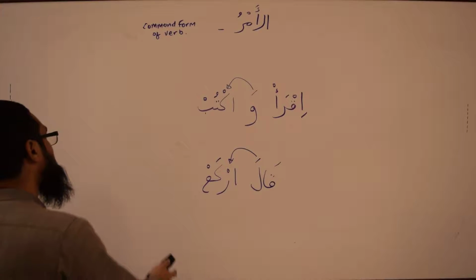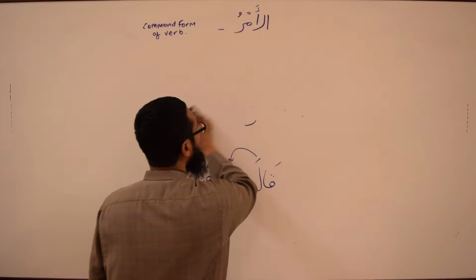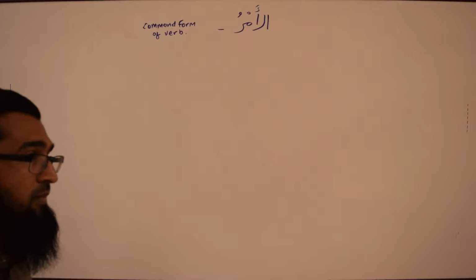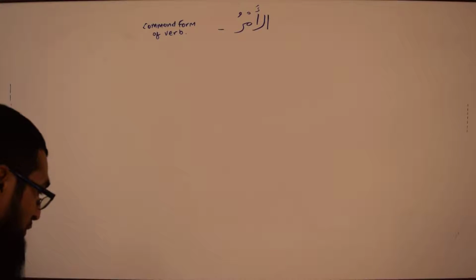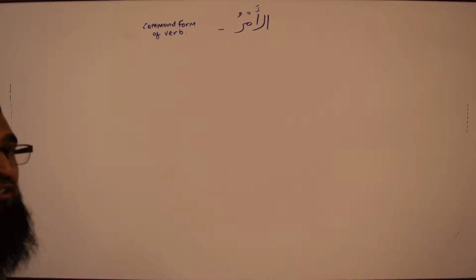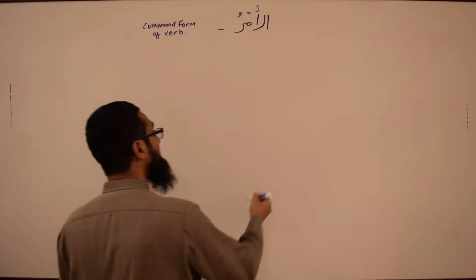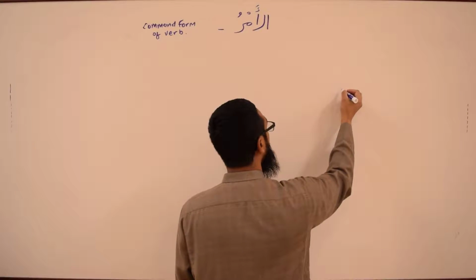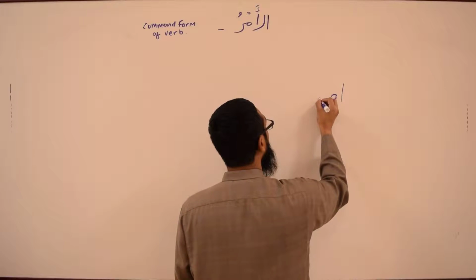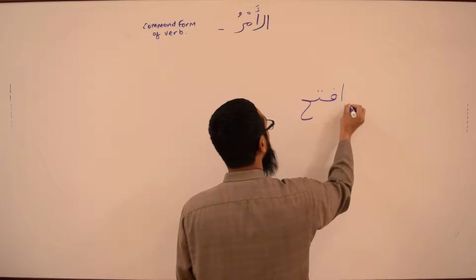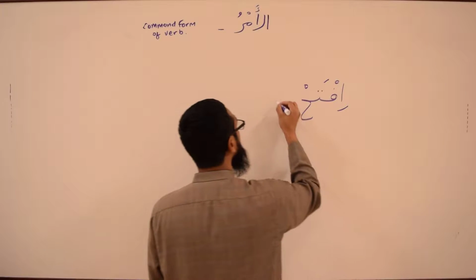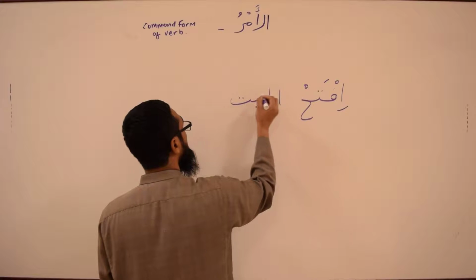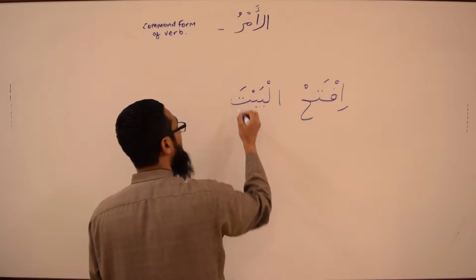The second thing is, whenever there's an amr and the amr ends with sukoon, there might be a word after it that makes it a little bit difficult to pronounce. So for instance, if you say iftah, iftah al-bayt, open the door, right?